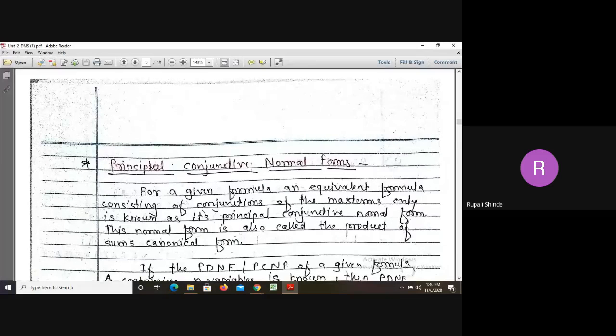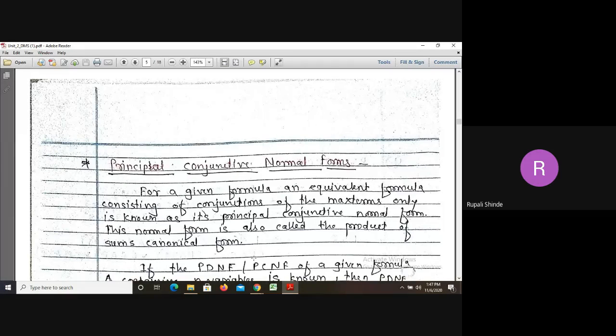These two terms, conjunction and max term, are very important. It is known as principal conjunctive normal form, also called product of sums canonical form.